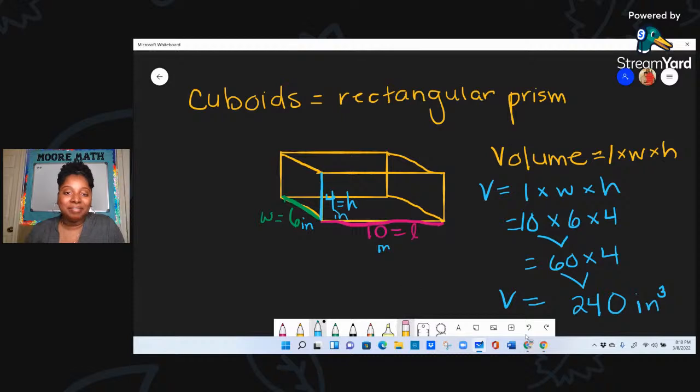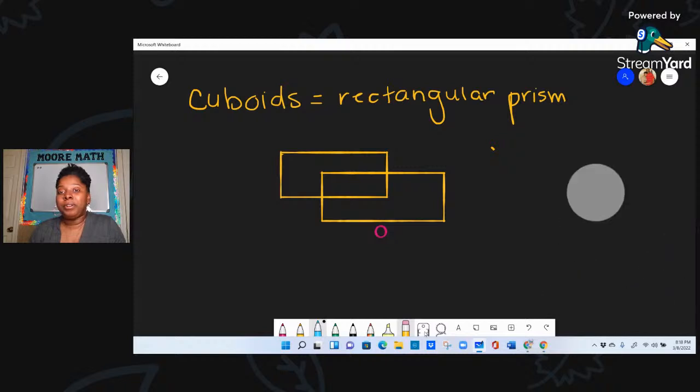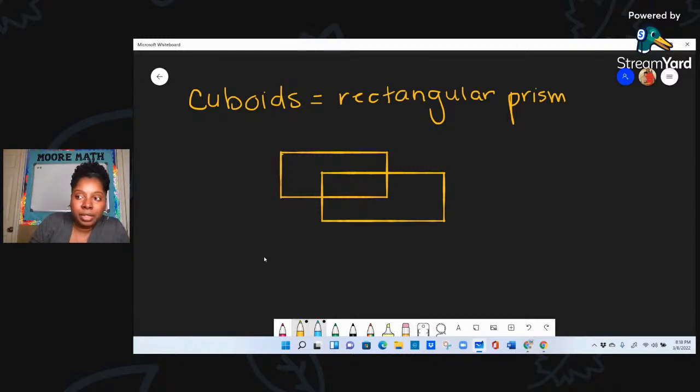Okay, let's try another one. Again, the volume formula is length times width times height. I know I had somebody on TikTok that definitely said, please go over this with me. All right. So here we go.